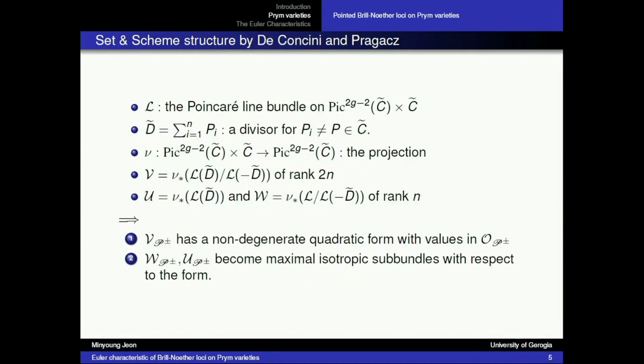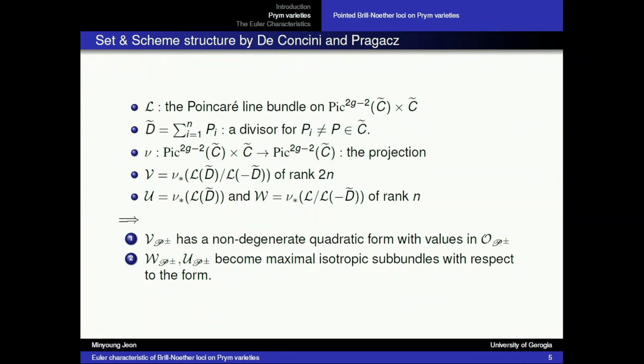Mai, Kovacs, and Fregat interpreted these Brill-Noether loci in terms of Schubert varieties or degeneracy loci in type D with just a one-dimensional condition. What they did was choose the Poincaré line bundle on the product space of the Picard group of degree 2g minus 2 times the double cover. The Poincaré line bundle is trivial on the Picard group of degree 2g minus 2.